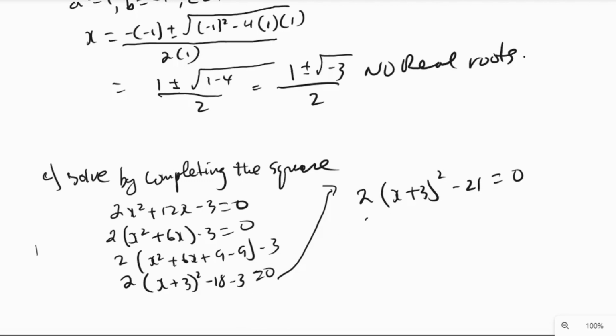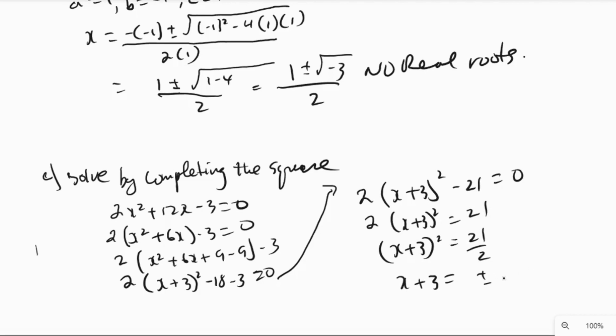Therefore, 2 times x plus 3 squared equal to 21. x plus 3 squared equal to 21 over 2. x plus 3 equal to plus minus, we write plus minus when we write the square root ourselves, 21 over 2. So x equal to minus 3 plus minus root 21 over 2.